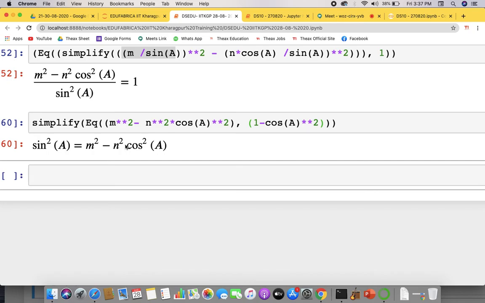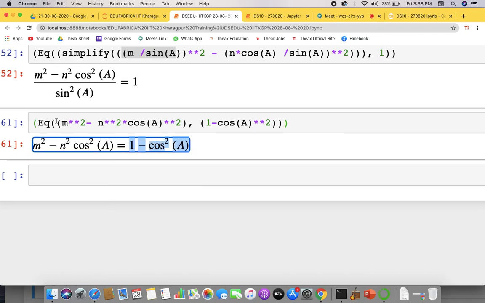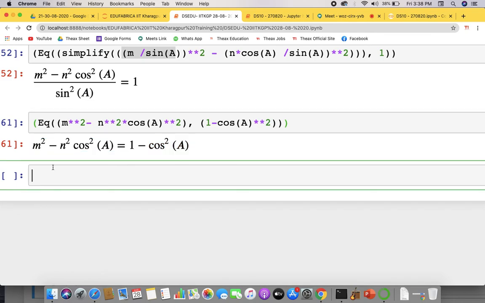Okay. So sine square a by m square minus n square will be given as yes, and the simplifications will be okay. So this was the previous equation, something was wrong there. So we just have to put this in the left hand side, and then we'll be getting the equation.